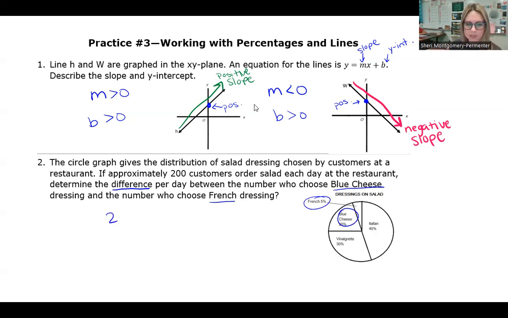If we have 200 customers, to figure out how many chose French, I'm going to multiply by, what's 5% as a decimal? Nope, that would be 50%. 0.05. And then 200 times 0.20 for blue cheese.